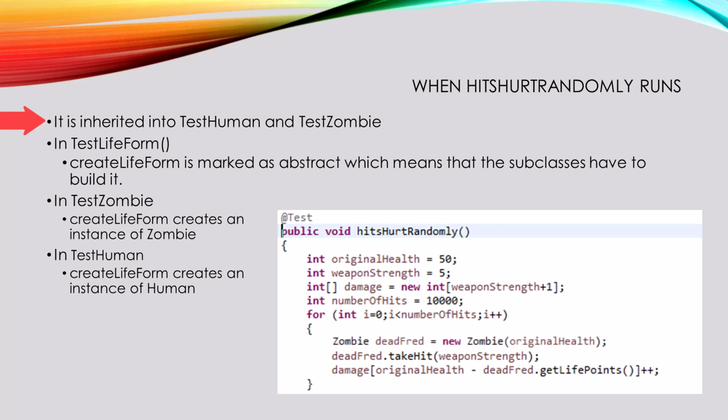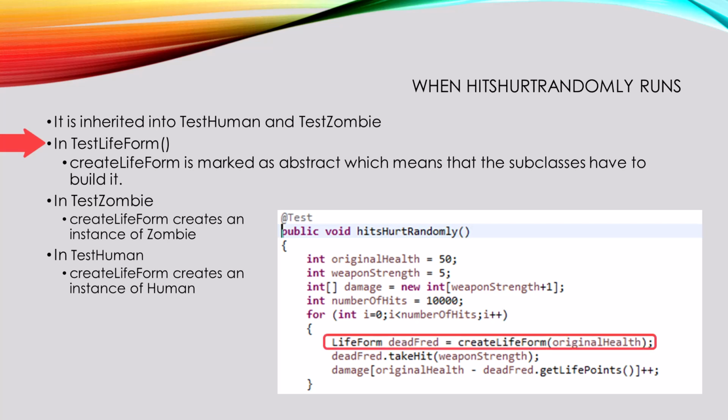So we need to change how we create the object. We need a way to create a human when we are testing humans and a zombie when we're testing zombies. To do that, we're going to make a method named createLifeForm that returns the object that we want to test. In testLifeForm, we replace the call on a new zombie in our test with a call on createLifeForm.